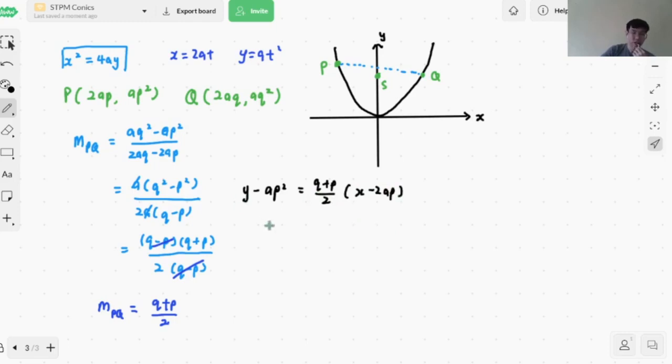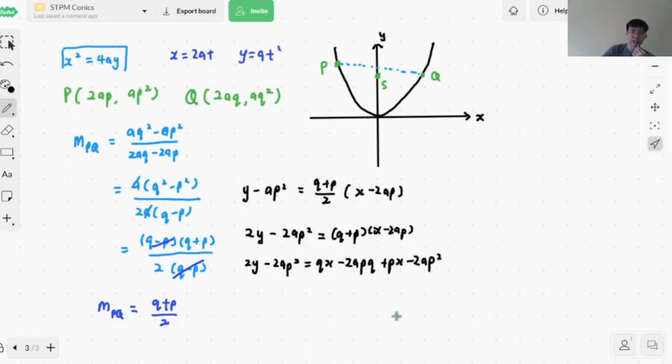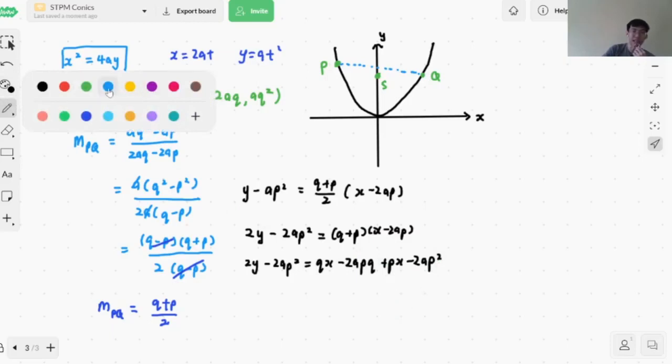Alright, the whole equation times 2: 2y minus 2ap squared equals (q plus p)(x minus 2ap), and in this case, I expand the equation.